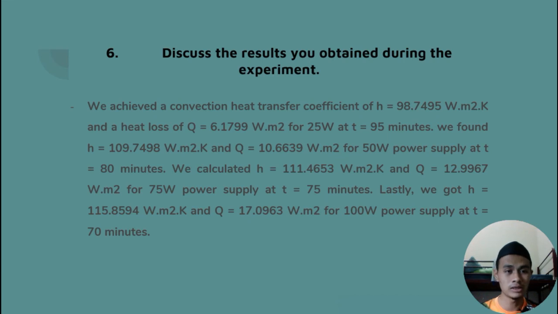We found that H equal to 109 and Q equal to 10.66 for the 50 watt power supply at T equal to 80 minutes, and we calculated H equal to 111 watt per meter squared per K and Q equal to 12.99 for the 75 watt power supply at T equal to 75 minutes. Lastly, we got H equal to 115 and Q equal to 70 for the 100 watt power supply at T equal to 70 minutes.